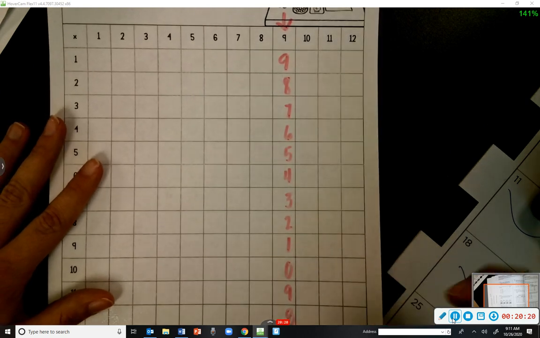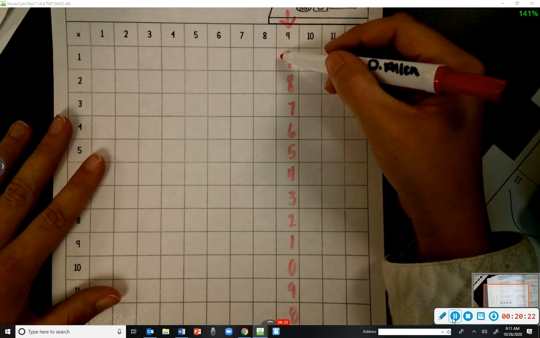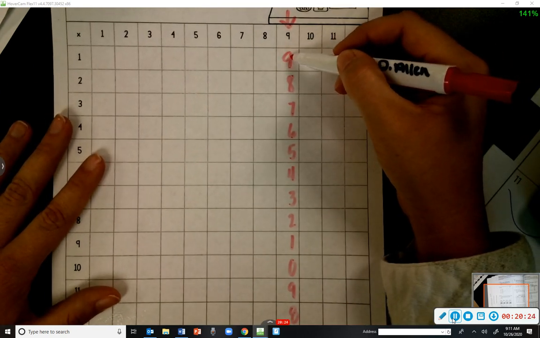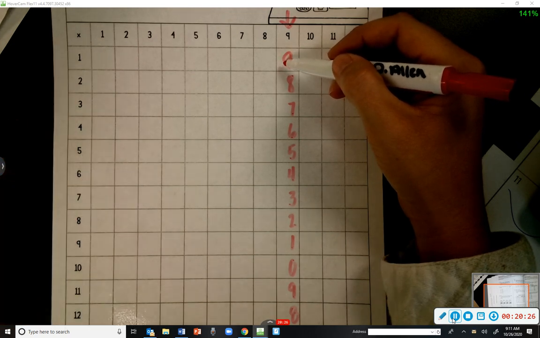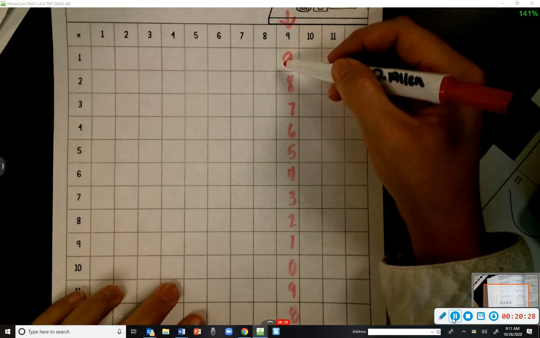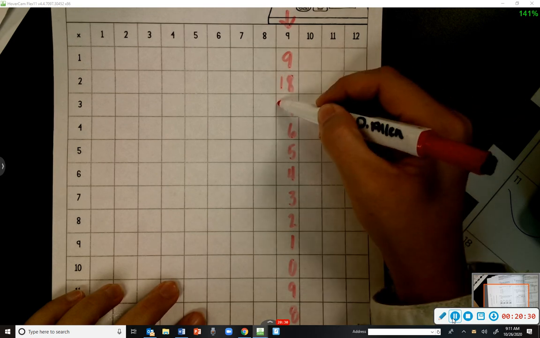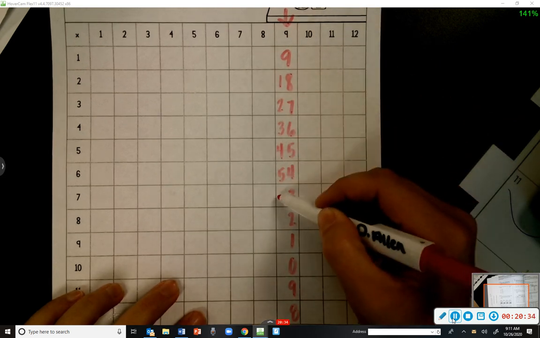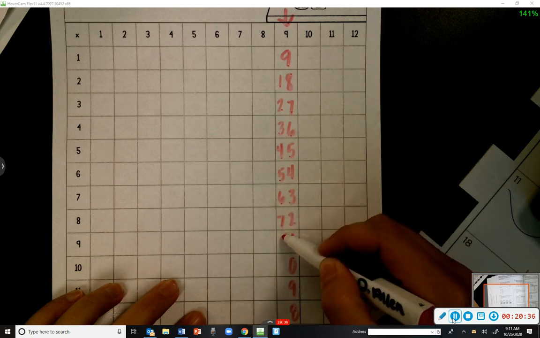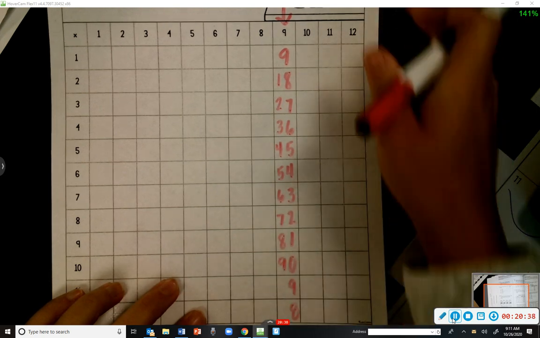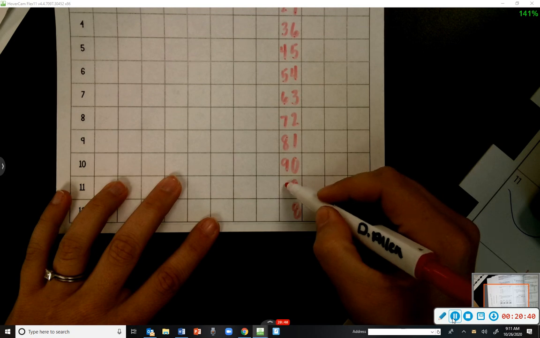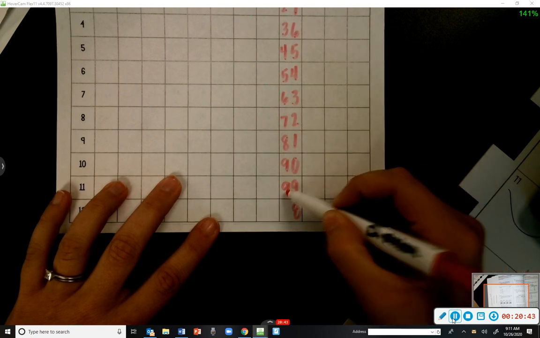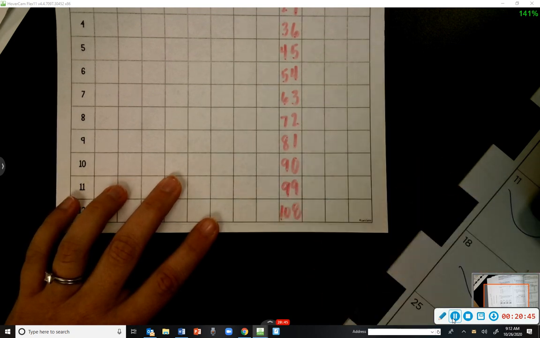Okay? Now for the tens place. Are there any tens on the first one? No. So it's just a 0, imaginary 0. And then it becomes 1, 2, 3, 4, 5, 6, 7, 8, 9. And this is where it kind of is just skipping by 9s. 9, 9 and then 10.